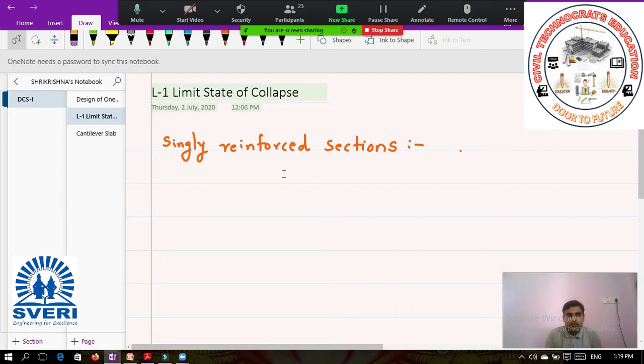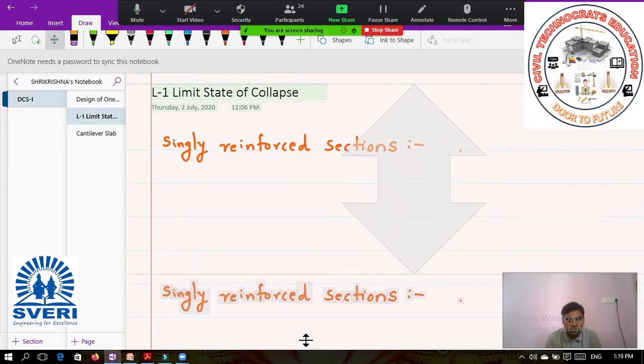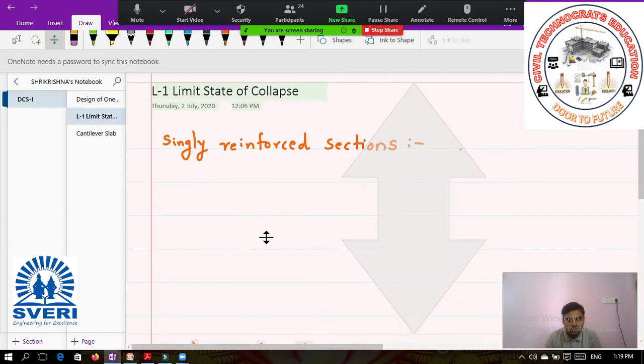What is the singly reinforced section? I will write the definition of singly reinforced section. Before that, we will see what is limit state of collapse. I will take this at the bottom.